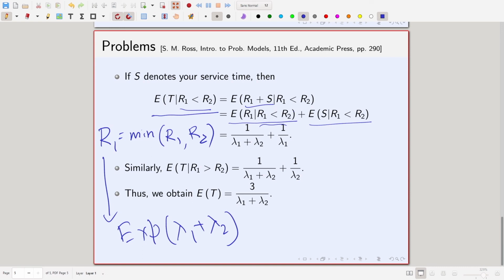In general, without any information, R1 has exponential lambda 1 distribution. But if you are told that R1 is the minimum of R1 and R2, since the minimum of two independent exponentials is again exponential, the parameter becomes the sum of the parameters.